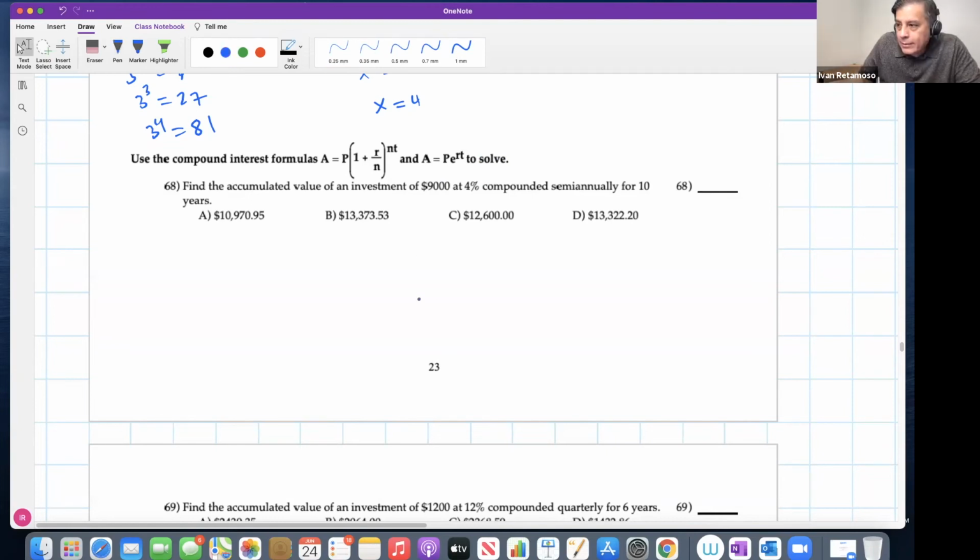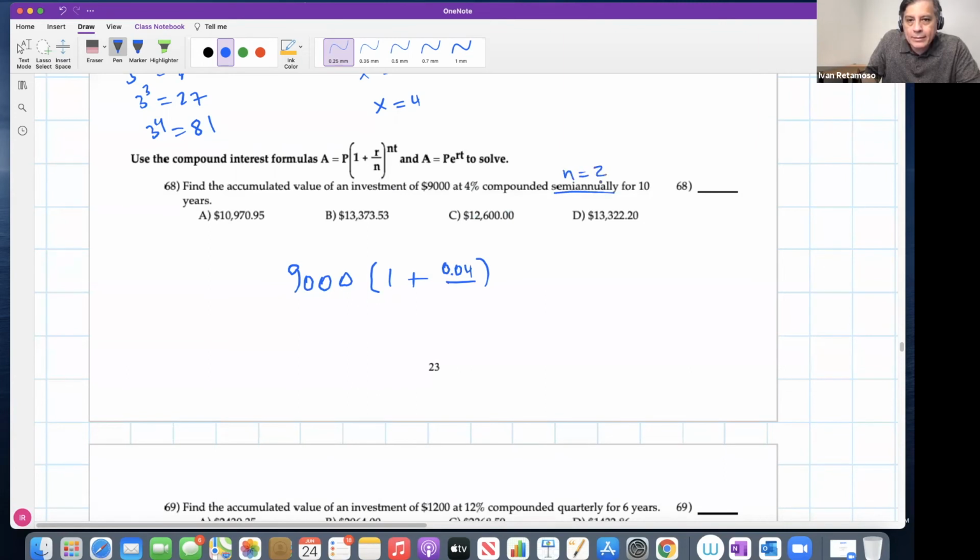So for example, here, if you just do this, the first number 68, if they say that you invest $9,000 at this rate 4% as a decimal 0.04, right, over n, they are saying semi-annually.